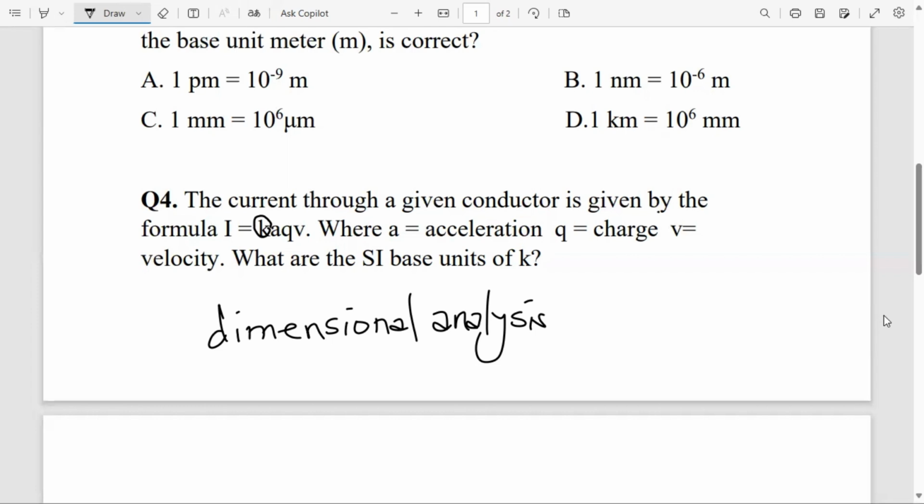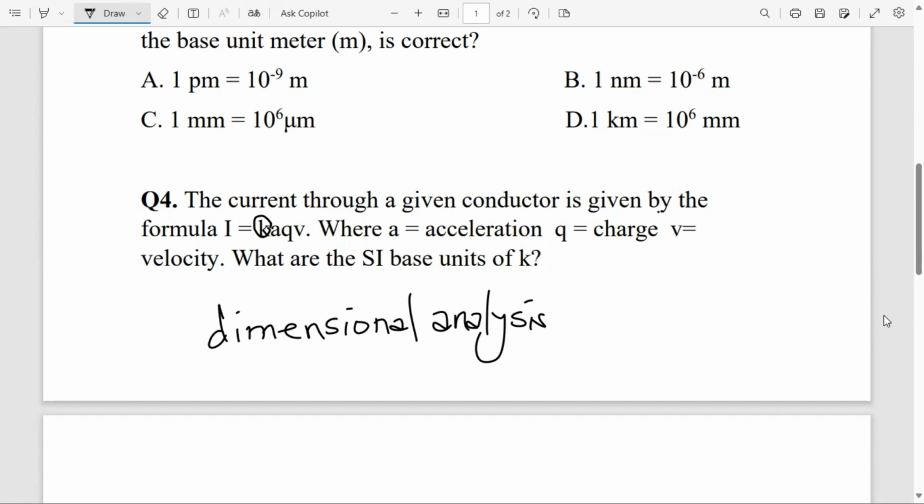So what are we supposed to do in order for us to find the base units of K? We can just plug in the base units for these other quantities that have been given in the equation. Since all of them are known, we have current with the base unit ampere. We have acceleration with the base unit meters, which is distance per second squared, like that.